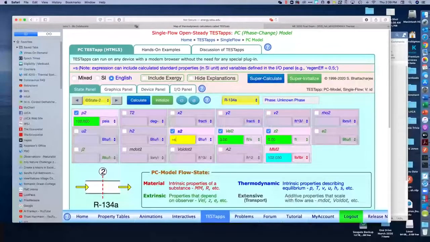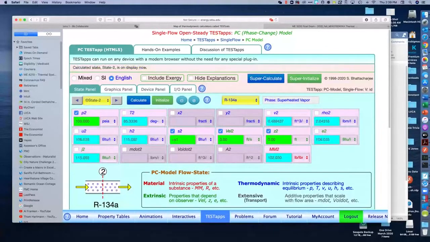R134A. What we know in this particular case is we do know the final pressure. The final pressure was 100 psi. Because we know that it was an isentropic process, the specific entropy that is coming out is equal to the specific entropy going in.